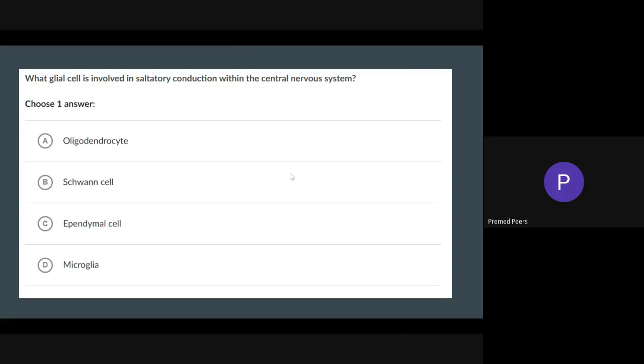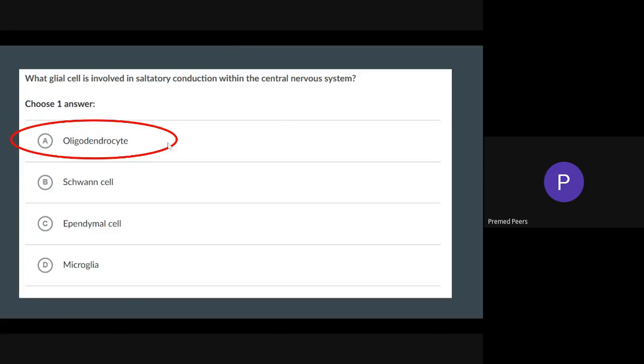Okay, so the answer here is oligodendrocytes. Hopefully this is okay if you weren't sure about the answer, because it's definitely one of those more detailed questions, just something that maybe you want to do flashcards to learn and memorize. You have two cells listed here that are responsible for producing myelin: your oligodendrocytes and your Schwann cells.